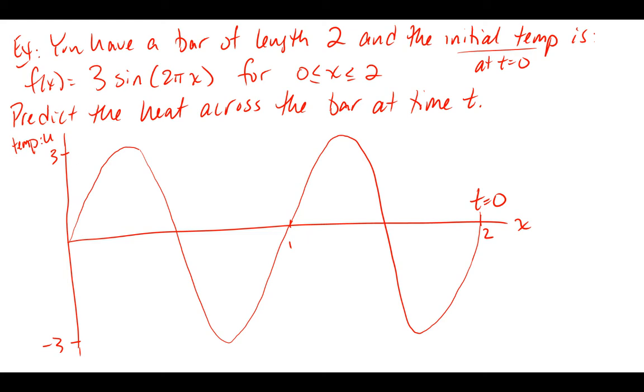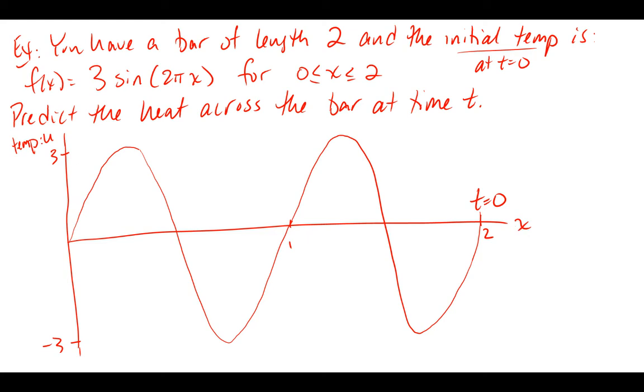Now, before we even solve this, as humans, I think we have some idea of what's going to happen to this bar. Remember, I'm always imagining that the ambient temperature on the ends of the bar and of the room is 0, which of course is along the x-axis here. So I'm always assuming that 0 is the natural state or the equilibrium.